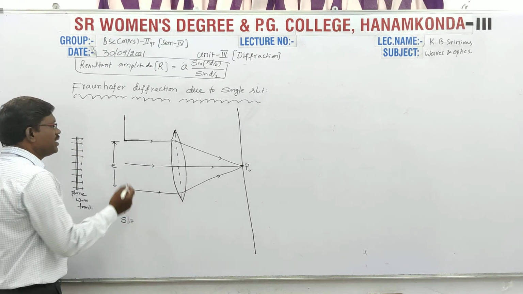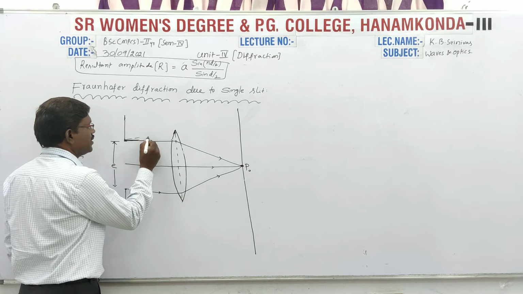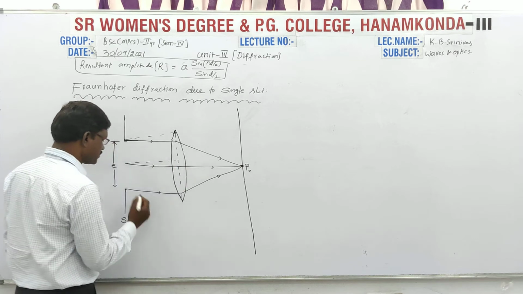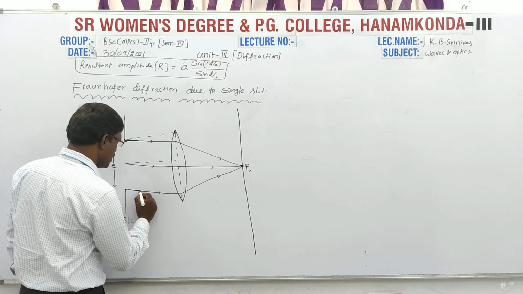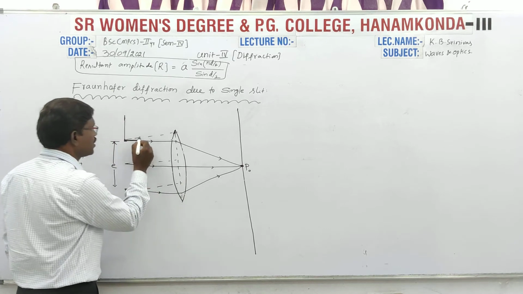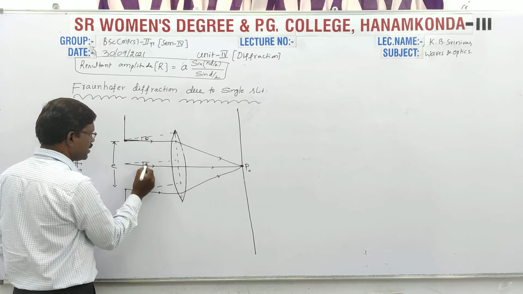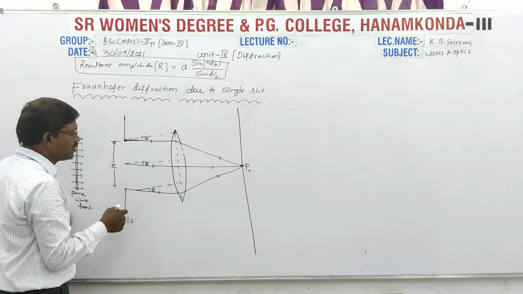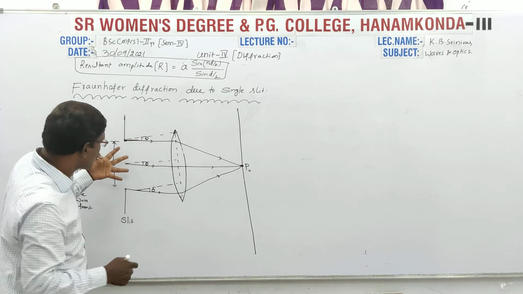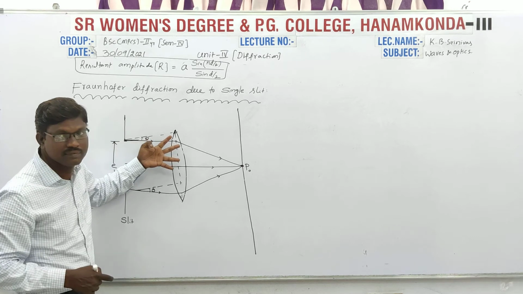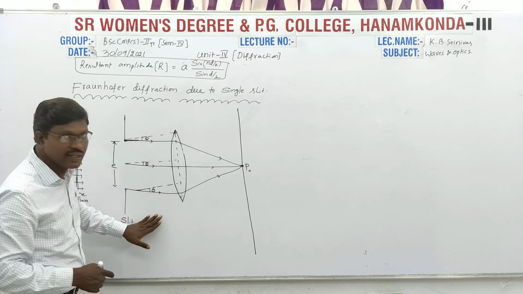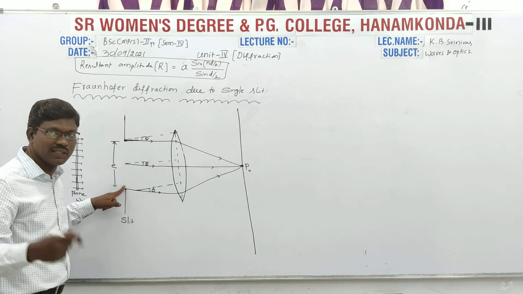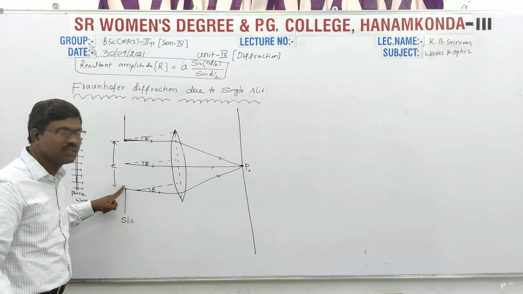The rays which are deviating from their original path, through how much angle? Theta. These are the incident rays which are deviated through an angle theta with the initial direction. All these are diffracted rays, because they are passing through the slit. When incident rays pass through the slit, they undergo diffraction.